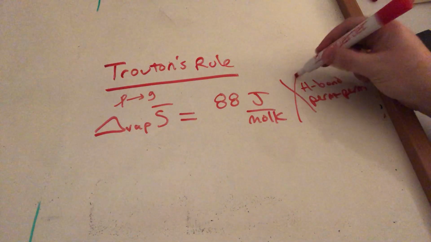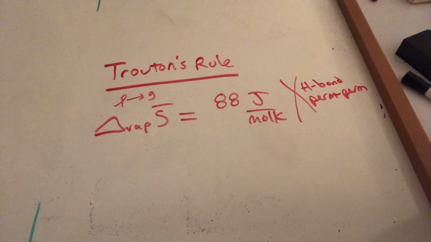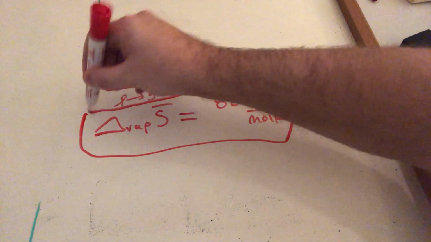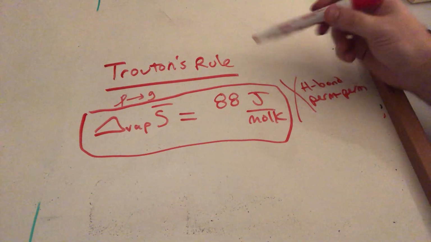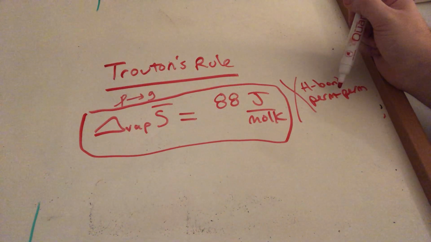For these cases, it wouldn't work. But because it works for most other situations, it's really good to know and to have in your back pocket, all right? It is an approximation, but again, it's a pretty good approximation for most systems that don't involve hydrogen bonds or strong perm-to-perm interactions.